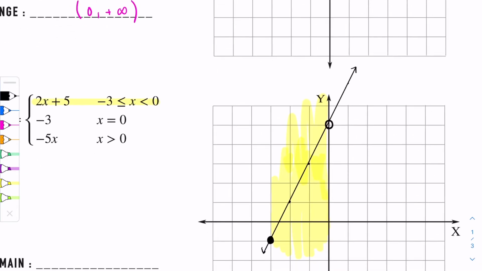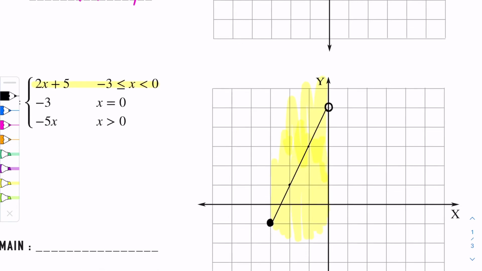We're going to erase the rest of our line, and we're going to only include what falls in that yellow shaded region. Next, we're going to do the line at f of x is equal to -3, restricted to the point at 0.